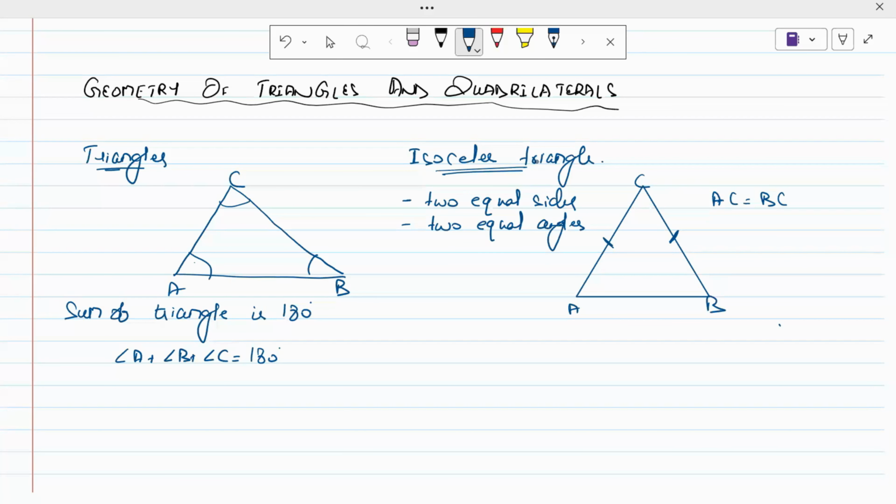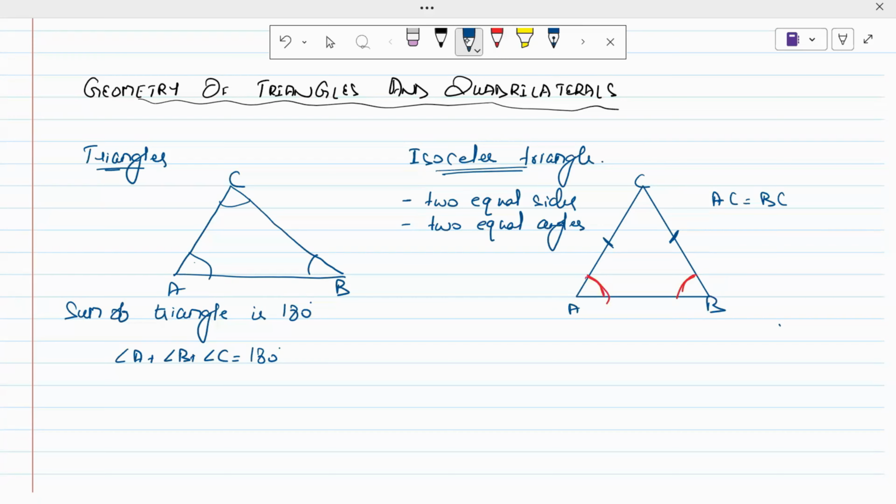And what angles are equal? The angles opposite to the equal sides are equal. Angle opposite to the equal side means opposite to BC, we have angle A, and opposite to AC, we have angle B.